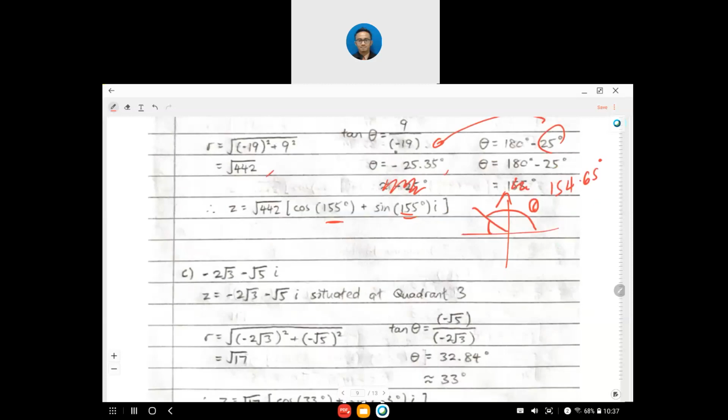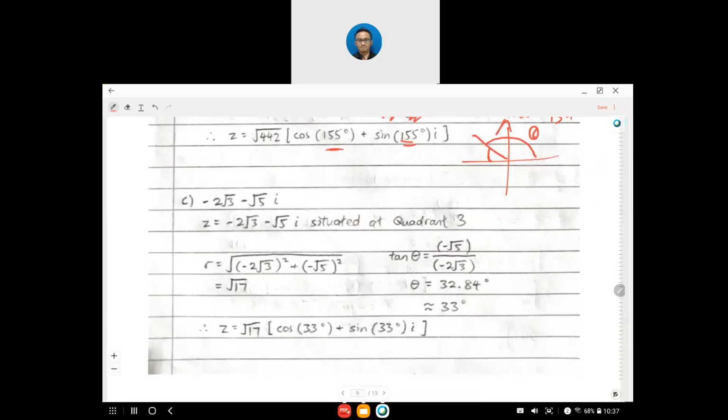Okay. C. C also same things, but you need to know which quadrant it is situated, because the x is negative, y is negative. So it is situated at quadrant 3. So quadrant 3, cari r, you can get square root of 17.